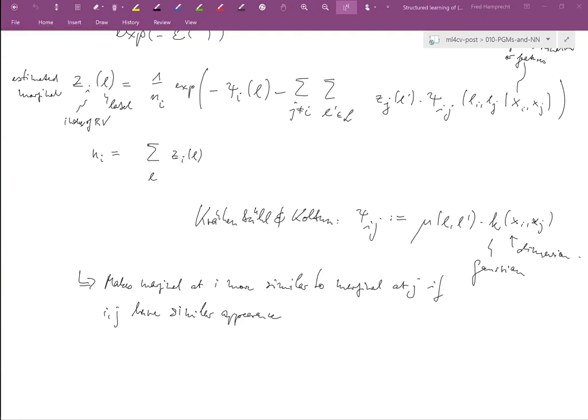So Krähenbühl and Koltun used a particular choice for this pairwise potential. And in fact, they used a so-called fully connected CRF.